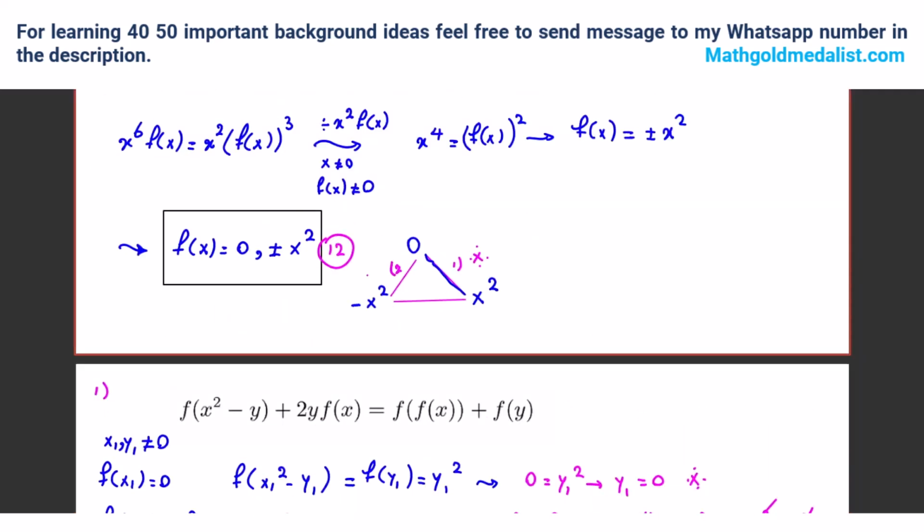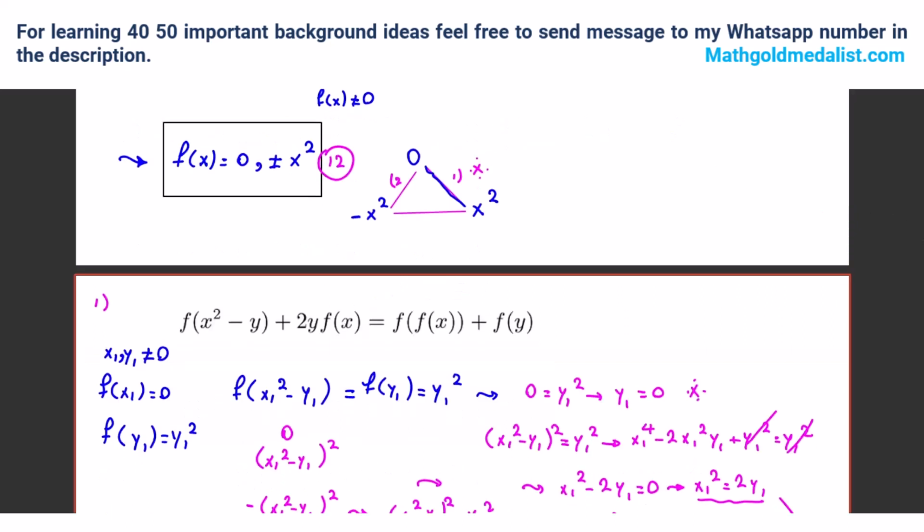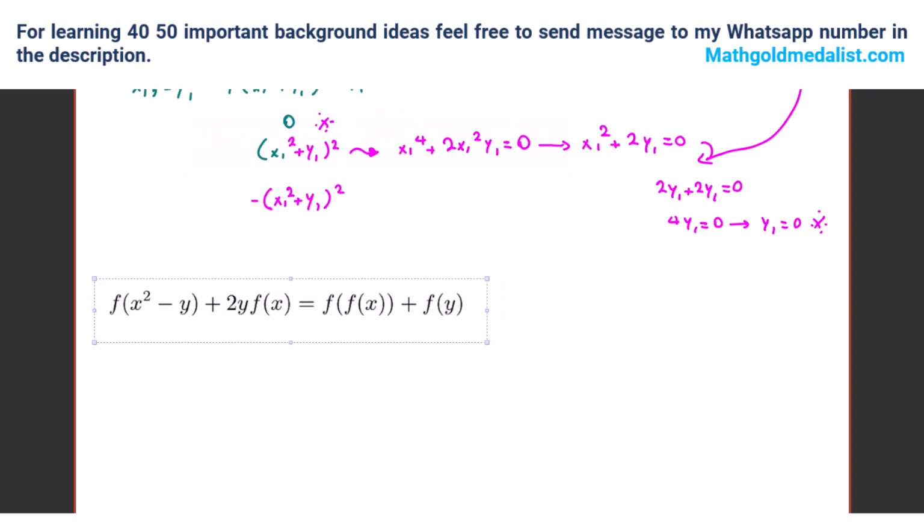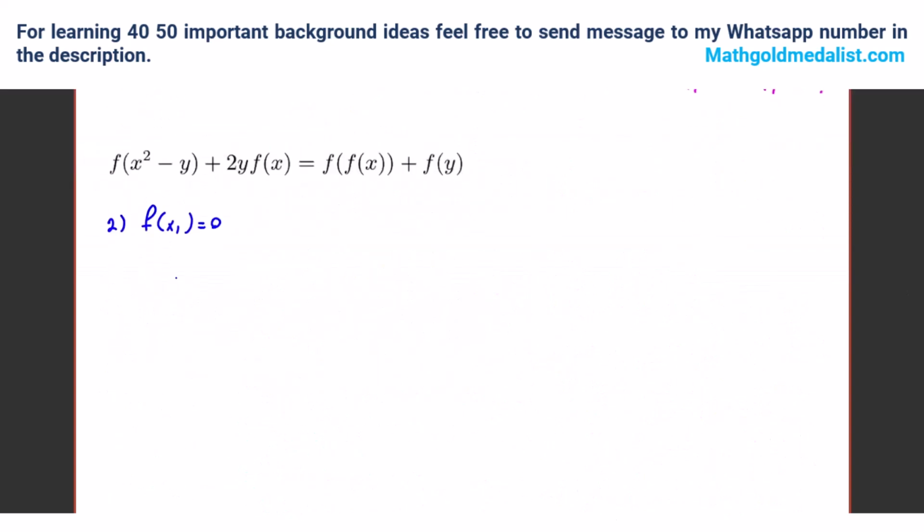Now let's consider case 2. 0, negative x2. Again, by a similar approach, we can reach a contradiction. Okay, let me write case 2. F of x1 is 0. F of y1 is negative y1 squared. X1 and y1 are not 0.